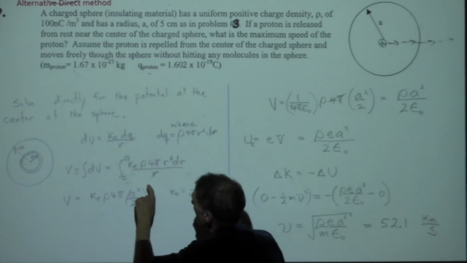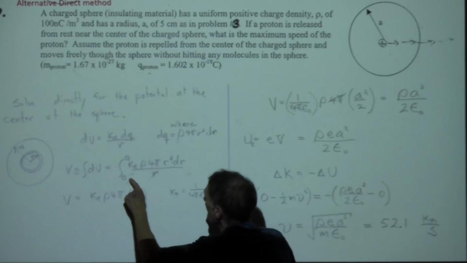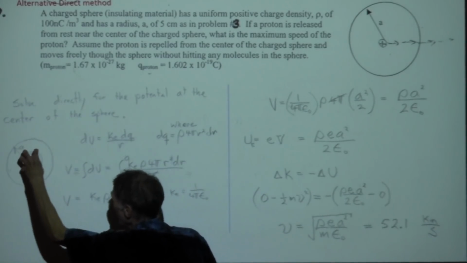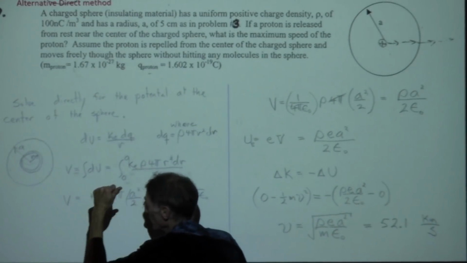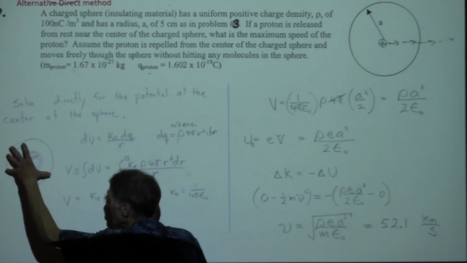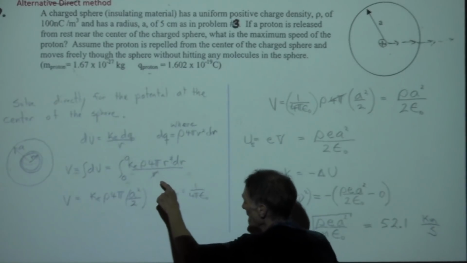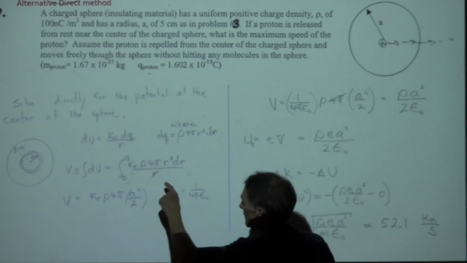And I can then get the potential. I'm going to integrate that from 0 out to a. I'm going to take all of these spheres, like I was doing before on the previous problem, where we just add up all our potentials. So I'm going to add those all up by taking the integral.